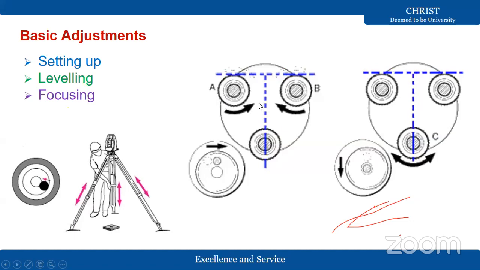Then rotate these 2 foot screws clockwise or anti-clockwise, meaning inward or outward. Both foot screws you need to adjust inward or outward. Once the spirit level comes to the center, you rotate your telescope to the other direction, perpendicular to the 2 foot screws you adjusted.